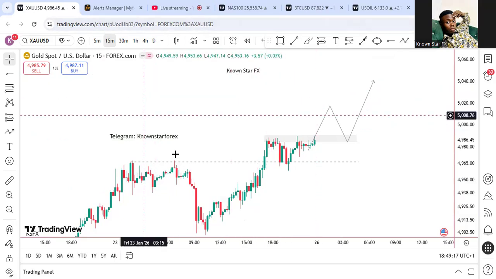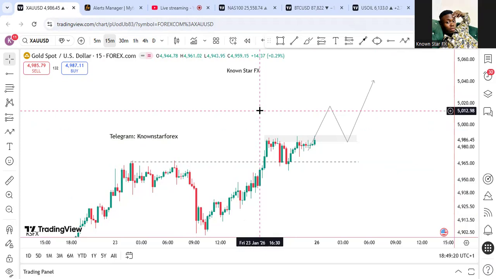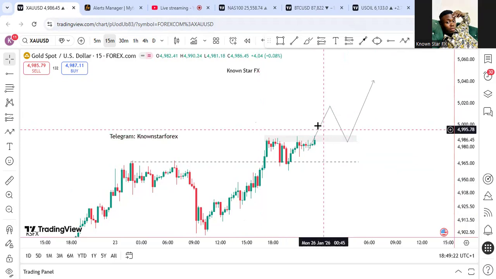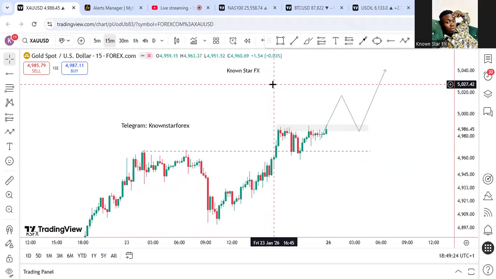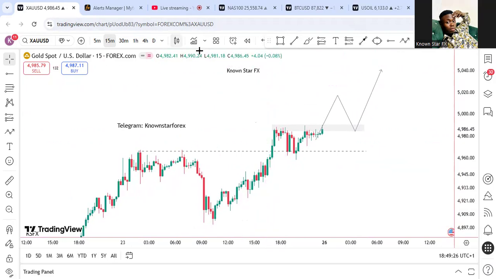I checked and surveyed everything, and I discovered that all the news we're having next week will only start from 2 o'clock. It's news affecting the US dollar. So if you are trading another pair, maybe AUD or whatever, be very cautious and trade with precision. So stay safe, everyone. I wish you all a profitable trading week, and that will be all for now.